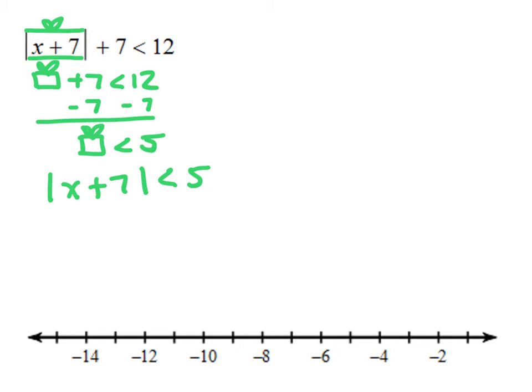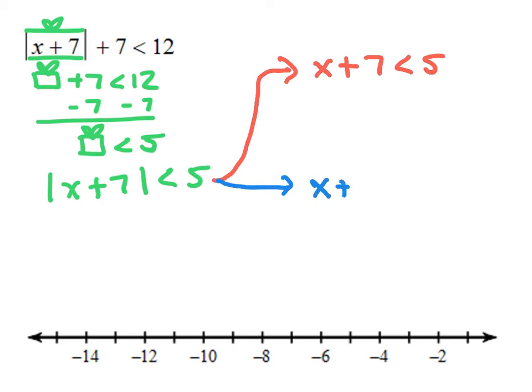Now we can use this to write our two inequalities. So we'll have x plus 7 is less than 5, our original inequality without the sign, and x plus 7 is greater than negative 5.